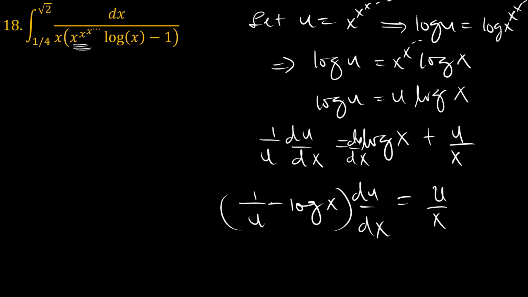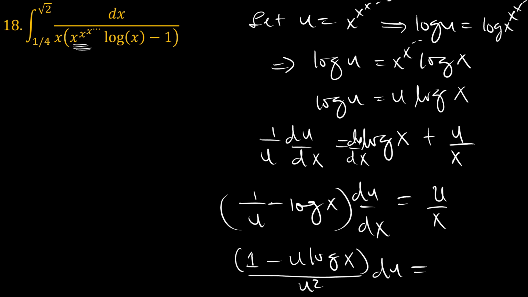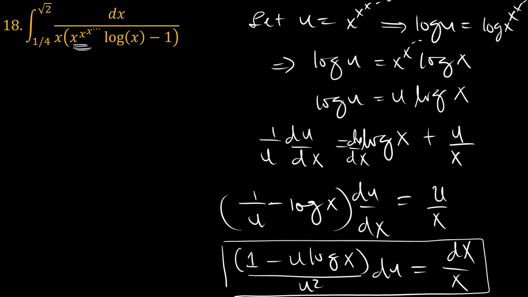Divide both sides by u, so we have 1 minus u log of x, divided by u squared du, is equal to dx over x. So this is an important relationship that we need. And then the limits.